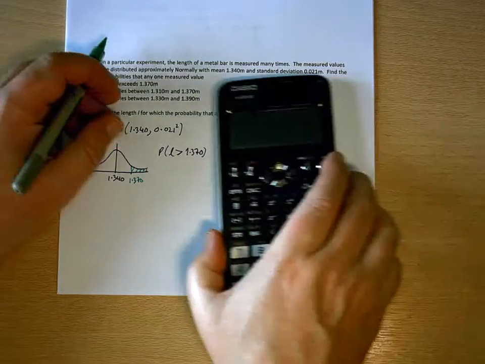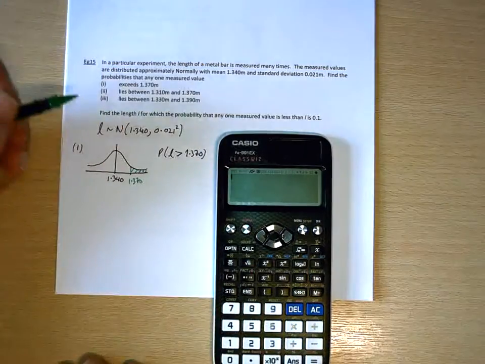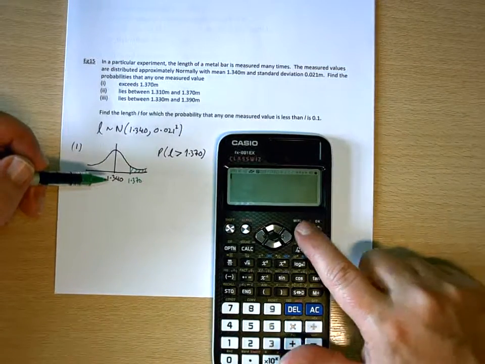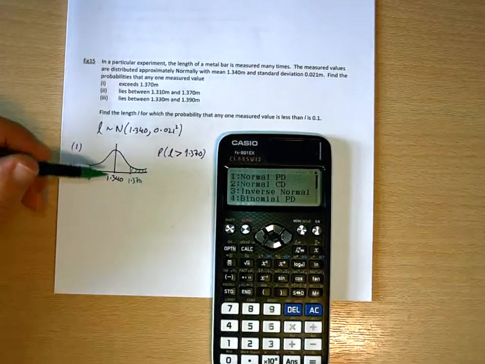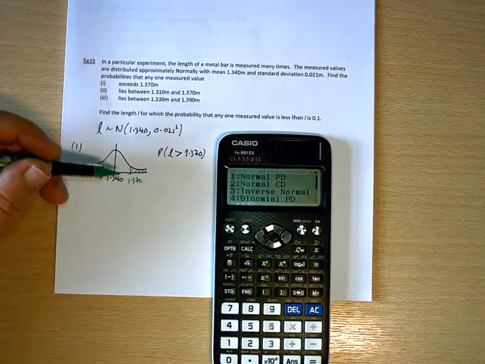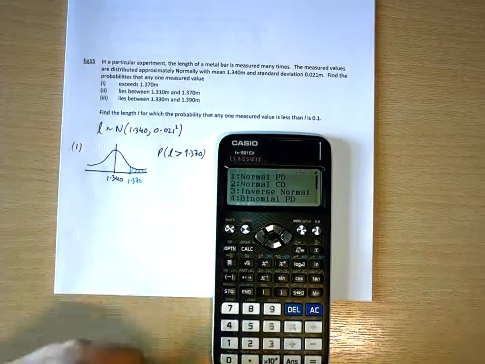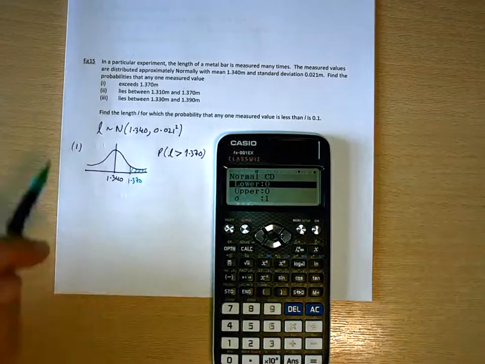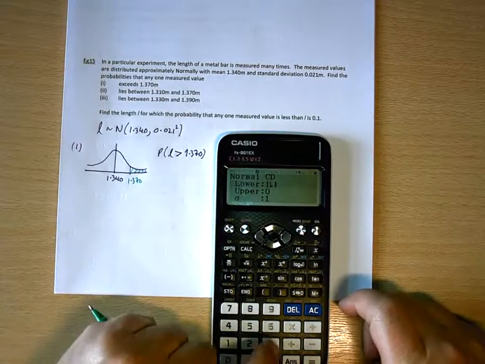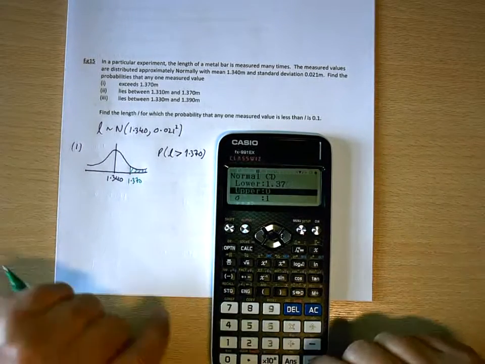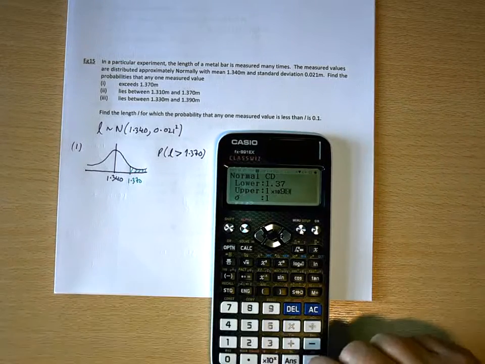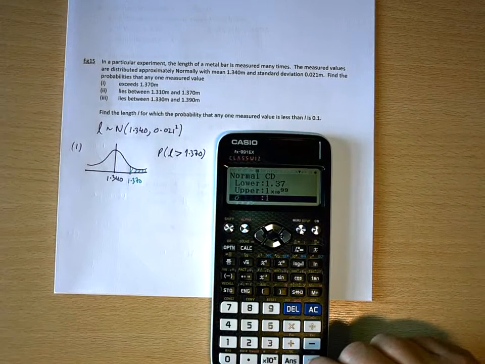So when I'm going into my calculator now, I'm going to 7. I'm wanting to find the area, so it's normal cumulative, 2. Lower value, 1.370. Upper, 1 times 10 to the 99.